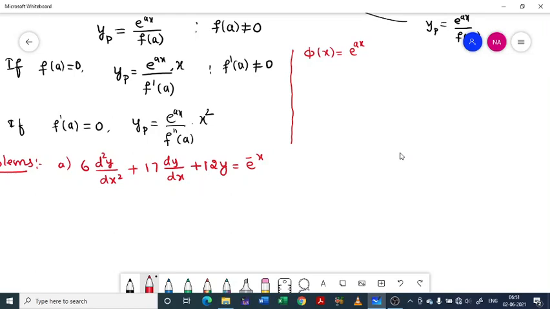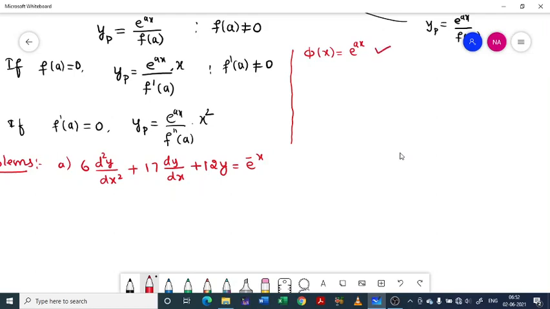See, this can be applied for the exponential function.